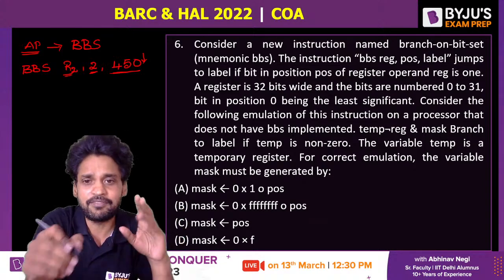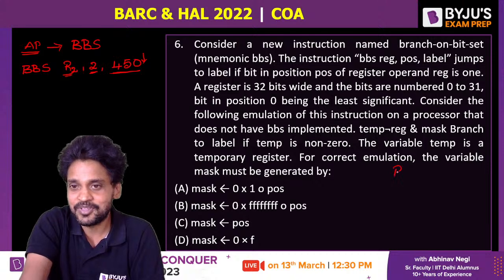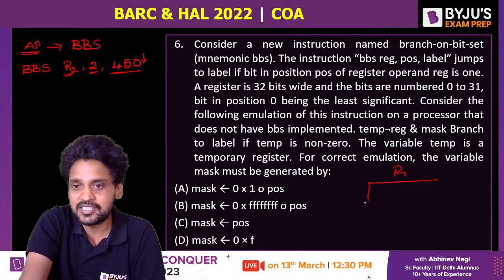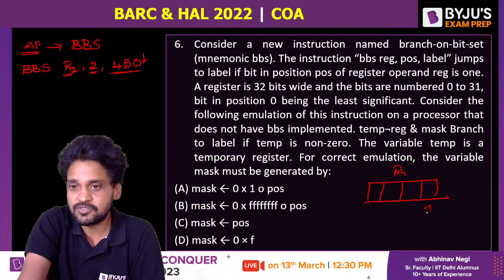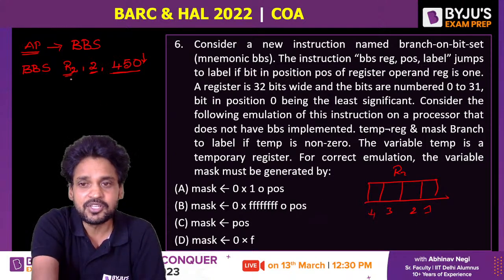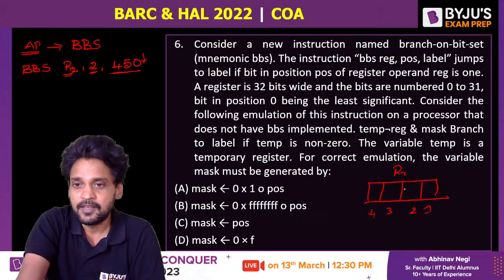I will write the register. Let us say register 2, a 4-bit register: 1, 2, 3, 4, the first bit, second bit, third bit, fourth bit. This register 2 will be checked, with contents 1, 0, 1, 0.